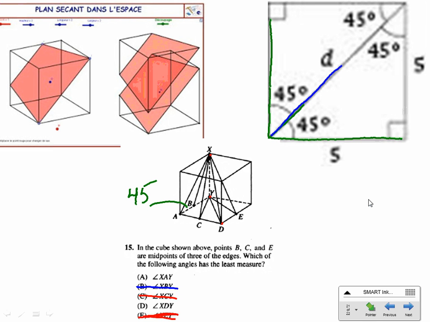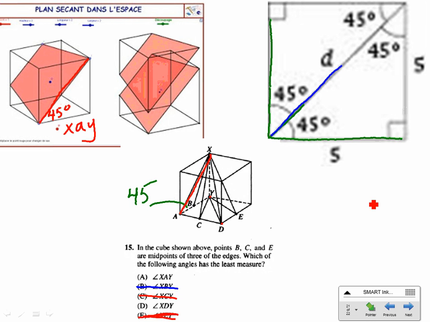Okay, so to figure that out, we can look at this picture in the upper left corner. This line here is the same as this diagonal here. So we know this measures 45 degrees, so this is comparable to XAY.